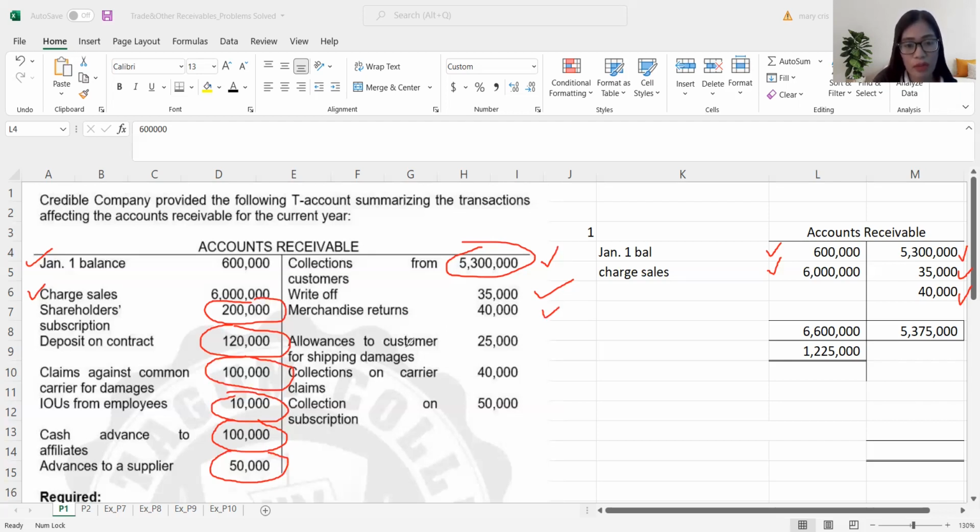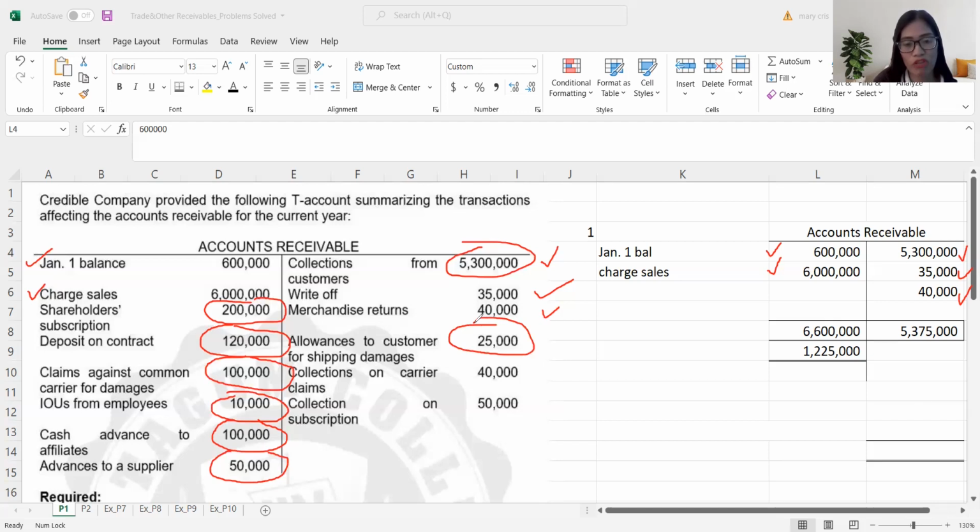So next would be allowances to customers for shipping damages. So this one has the effect of decreasing the accounts receivable also. But since this is still an allowance, I would rather present it as a separate account title. I'll not deduct it immediately to the accounts receivable balance.